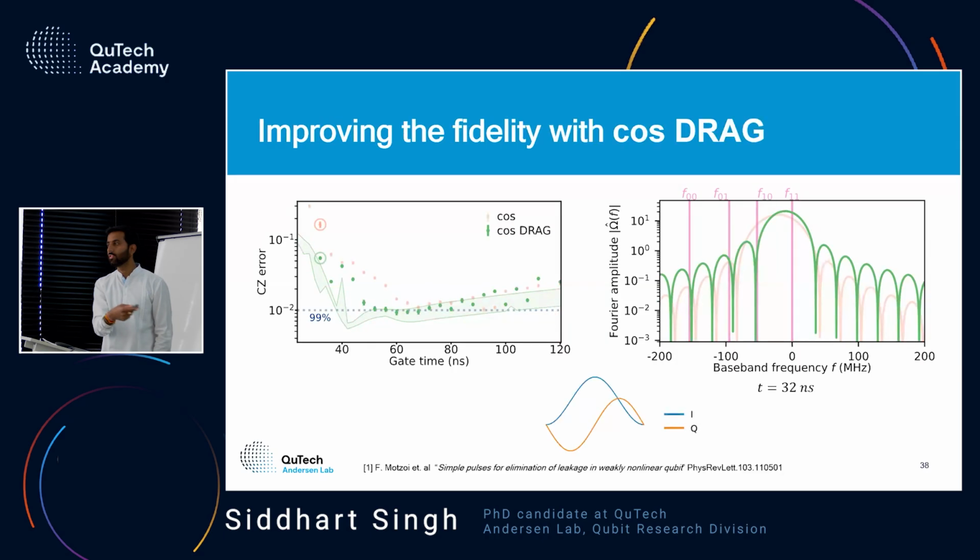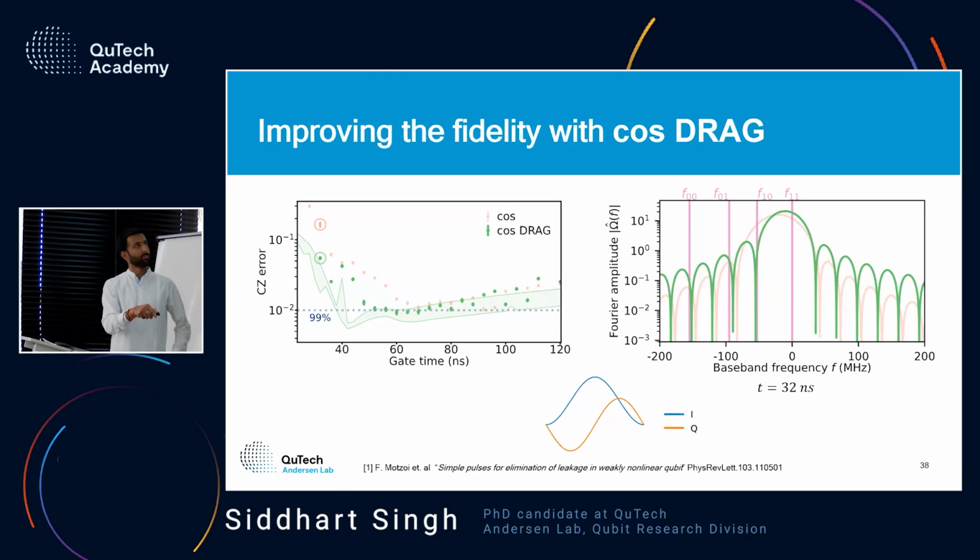Next, we tried a cosine DRAG pulse. In cosine DRAG, you introduce another control envelope called quadrature envelope here. And with the mixing of these two, you are able to kill out transitions at a few frequencies. In this case, you can see that at F10, we do reduce the amount of frequency component present here, while at F01 and F00, we are still relatively the same.